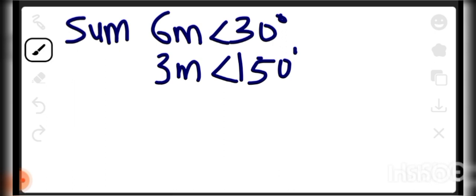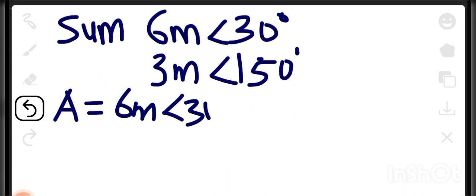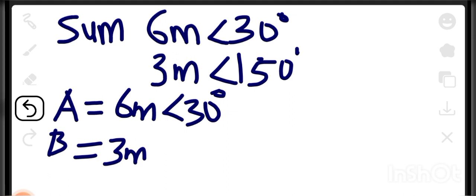The first thing, let's call the first vector A, which is 6 meters to the angle of 30 degrees. Let's call the second vector B, which is 3 meters to the angle of 150 degrees.